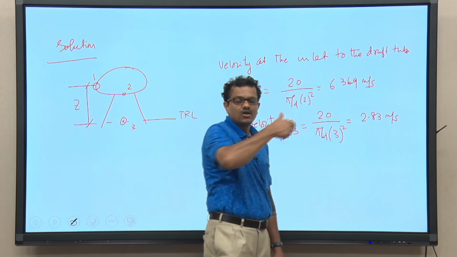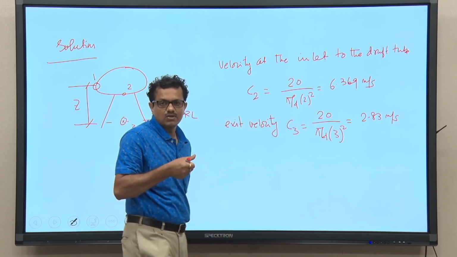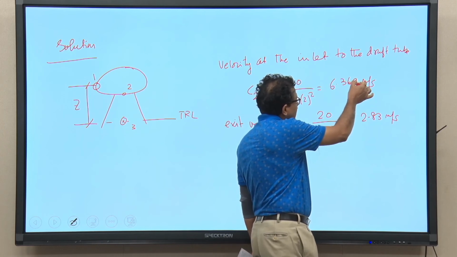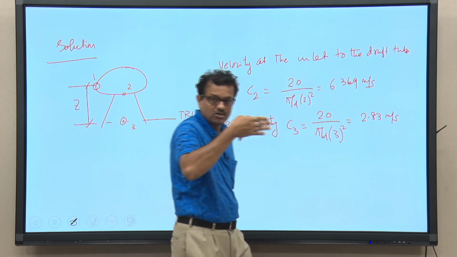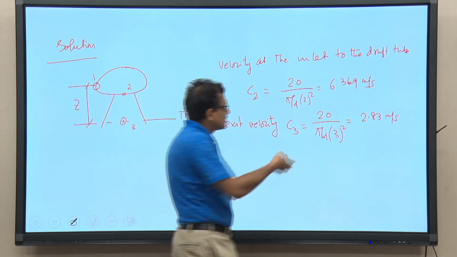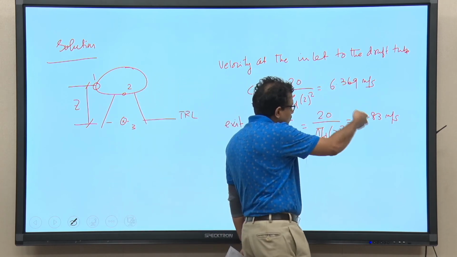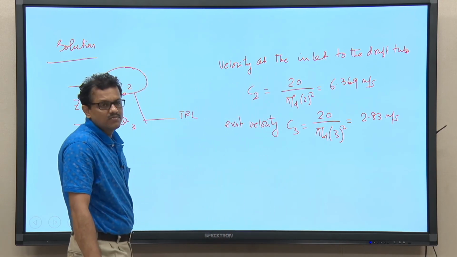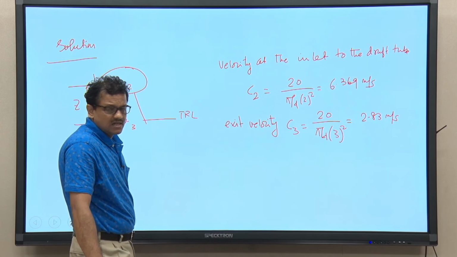Basically, we should reduce, we should kill the velocity. So, you can see that from 6.369 meter per second, that is the velocity of water at the exit of the runner, we can reduce that velocity to 2.83 meter per second. So, that amount of energy could be recovered.